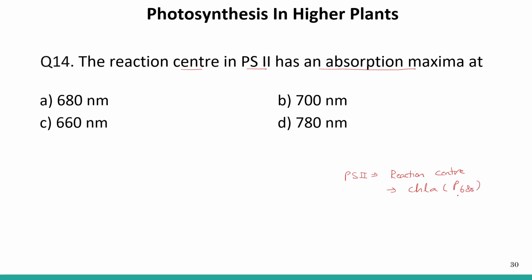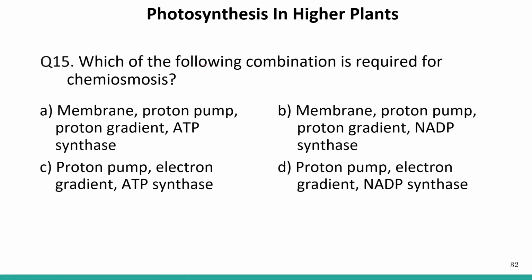That's why it is denoted as P680. So the options are 680 nanometer, 700 nanometer, 660 nanometer and 780 nanometer. So what should be the answer? 680 nanometer.